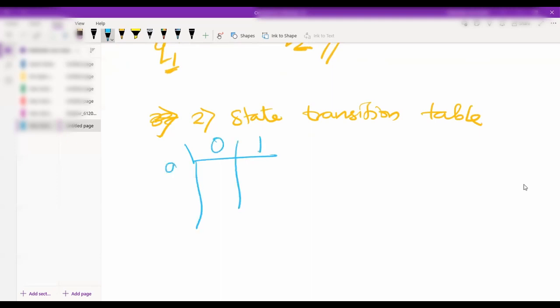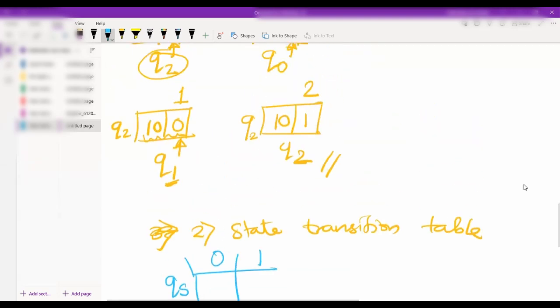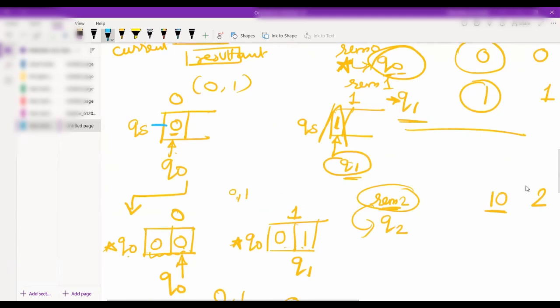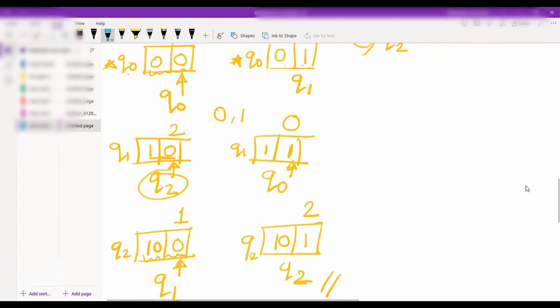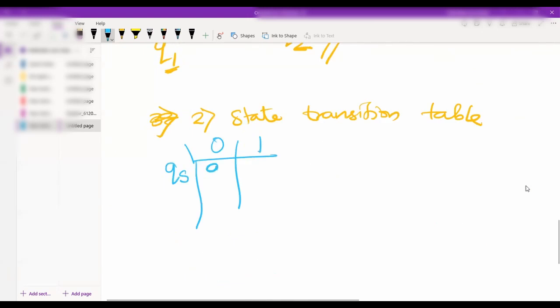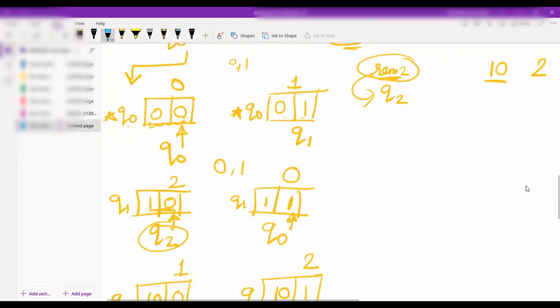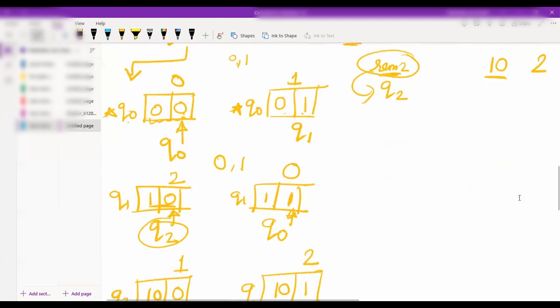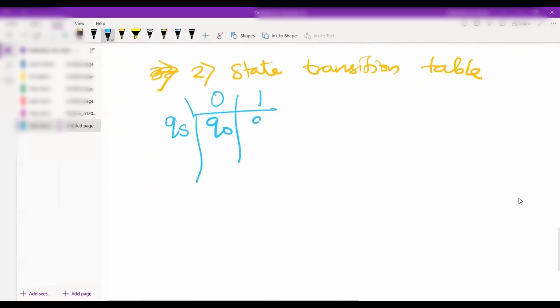What is the initial state here? The initial state is QS. So QS on 0, where is it going? QS on 0 is going to Q0 state. Then QS on 1, where is it going? QS on 1 is going to Q1 state.